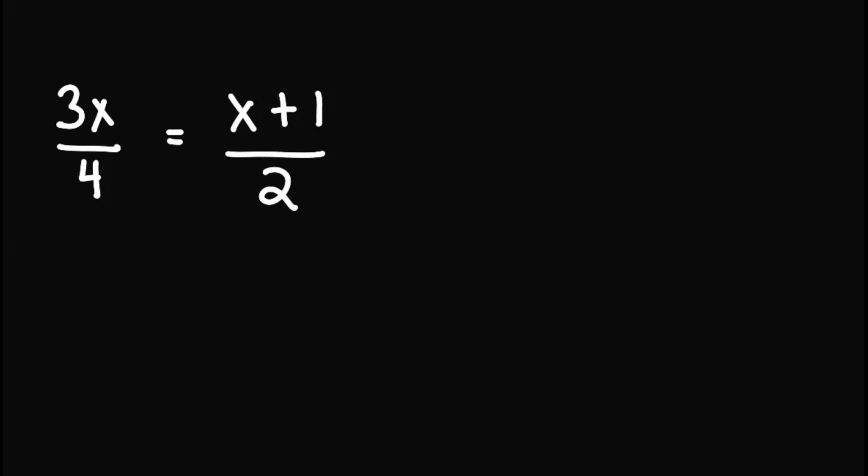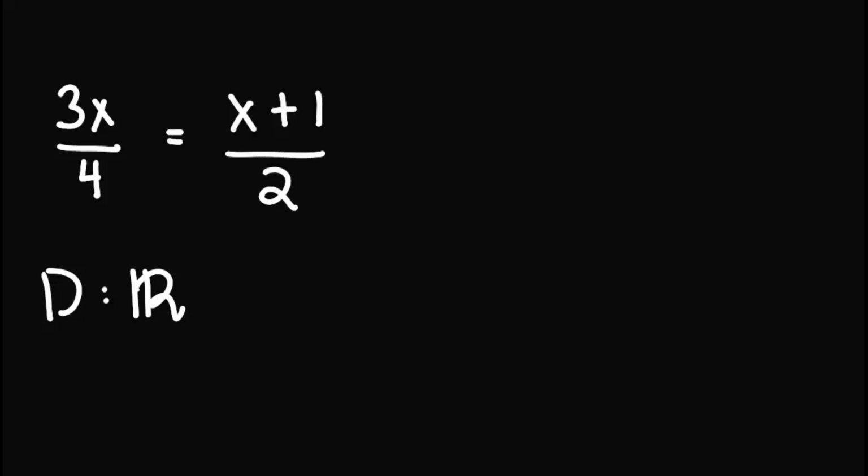Since the denominators here will never be 0, we can conclude that the domain for this one is all real numbers. So there are no exceptions, so any value of x that we get is a possible solution to this equation.